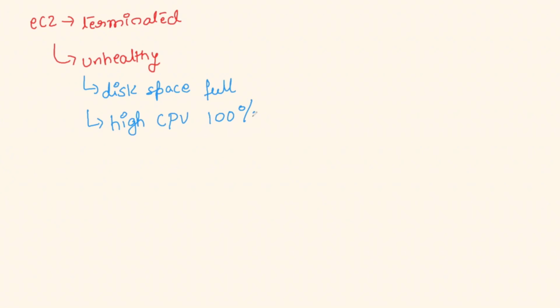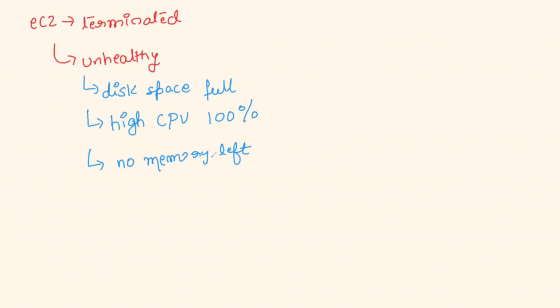What are some of the factors because of which an EC2 instance can become unhealthy? Some of the factors are disk space being full, and high CPU utilization. So if you're throttling 100% and there is no CPU for the operating system at all, then it could become unhealthy. Also, another issue could be no memory left.